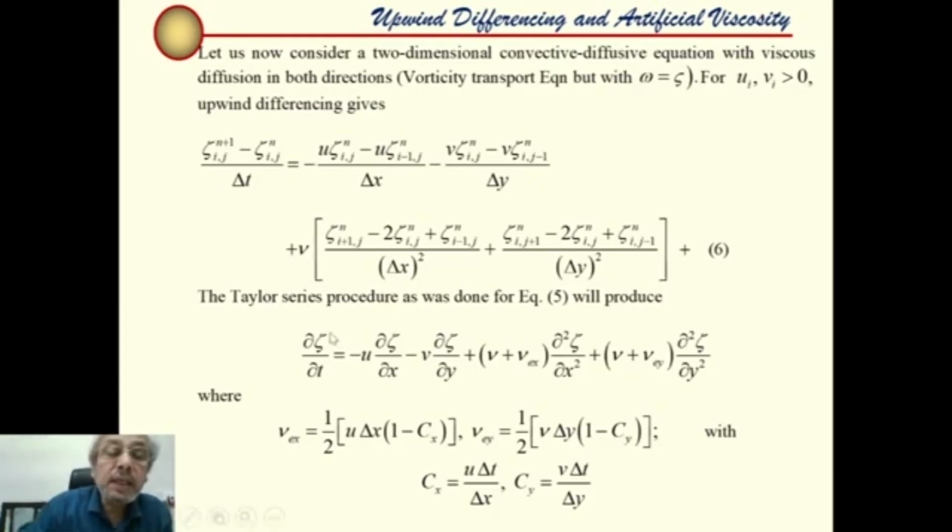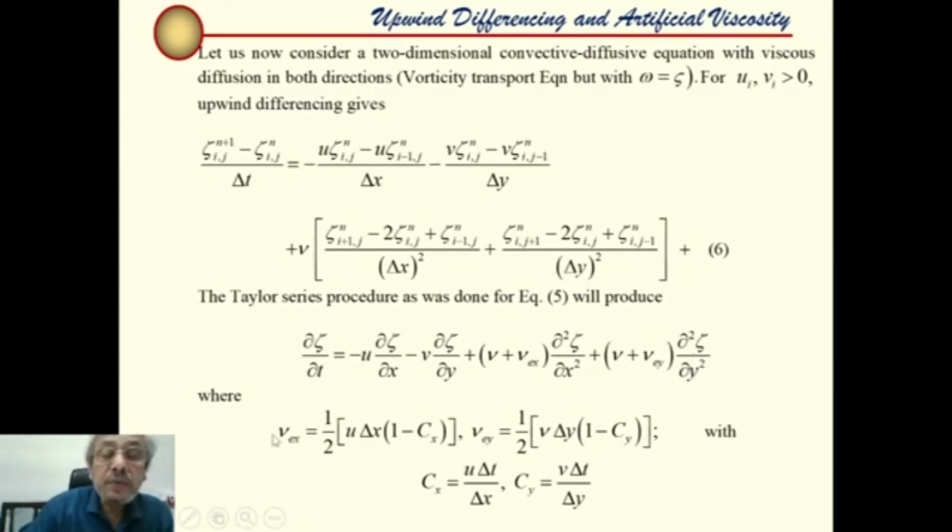We will then get del zeta del t plus u del zeta del x plus v del zeta del y equal to nu plus nu artificial in x direction, the artificial viscosity, times del 2 zeta del x2, plus nu, this is the physical viscosity, plus nu artificial in y direction times del 2 zeta del y2.